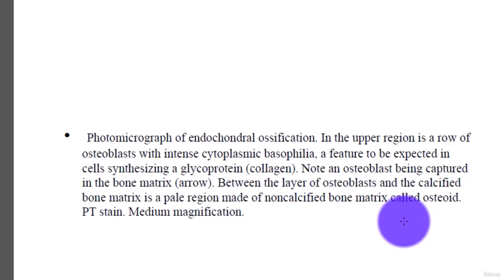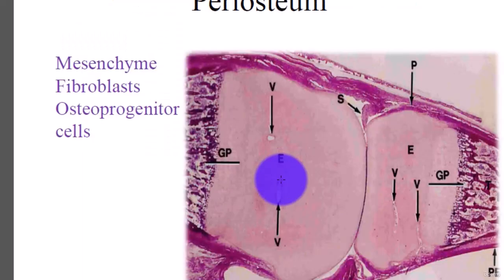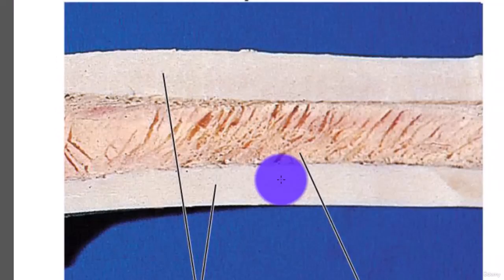Between the layer of osteoblasts and the calcified bone matrix is a bare region made of non-calcified bone matrix called osteoid. Endochondral ossification. Periosteum, mesenchyme, fibroblast, osteoprogenitor cells.